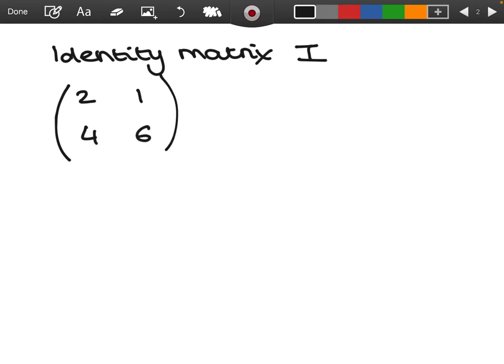I'll make up a random matrix here. Okay, I've got this random square matrix. I'm going to multiply this by this particular matrix, and I'll show you what happens, and then we'll extend this to larger arguments.